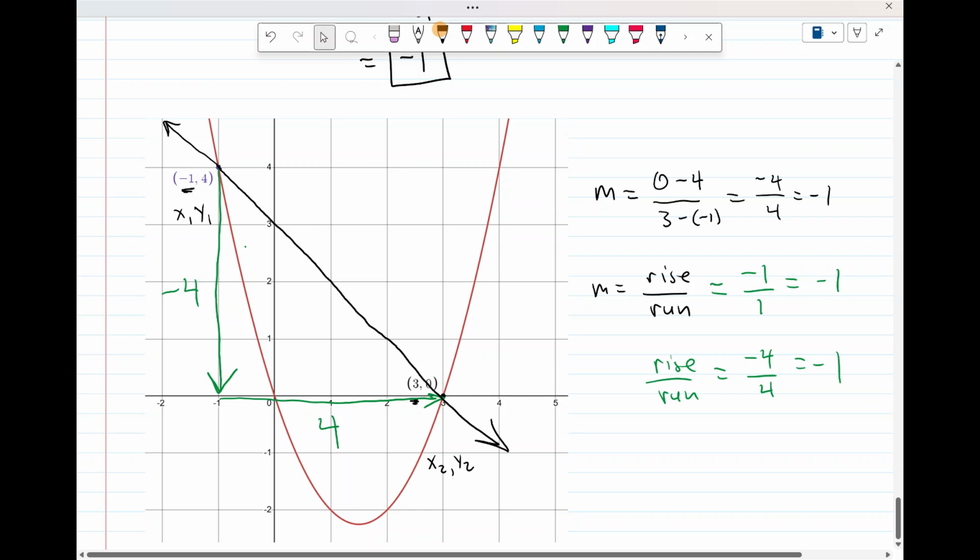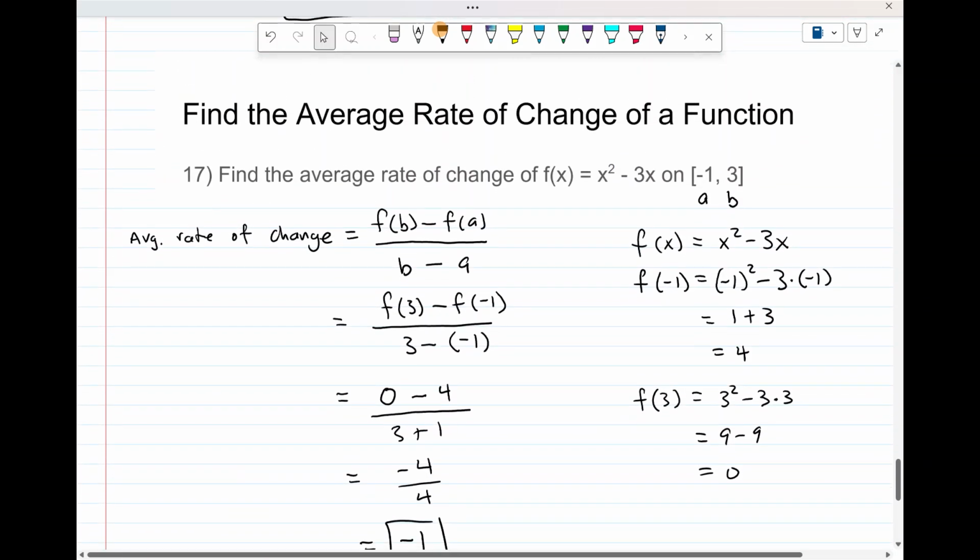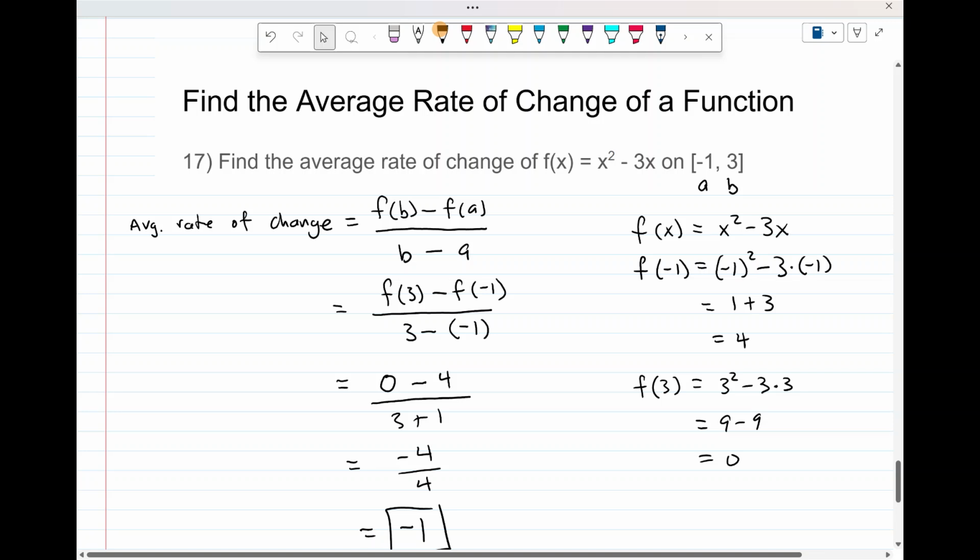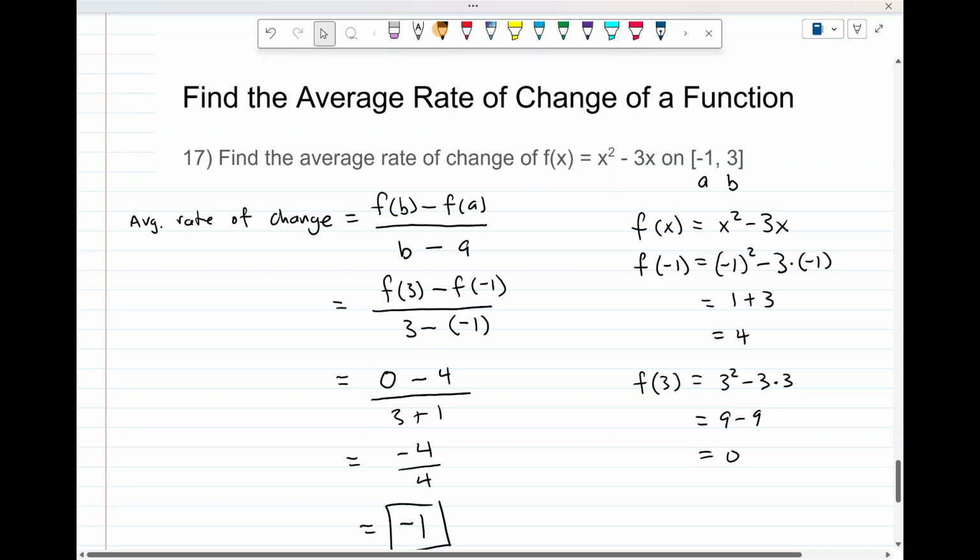So I found the points that are on our graph when x equals negative 1 and when x equals 3. Draw a straight line in between them and find the slope of that line. That's intuitively what we are doing. And otherwise, just make sure you use this formula, follow this example, and you should be able to find the average rate of change of any function.